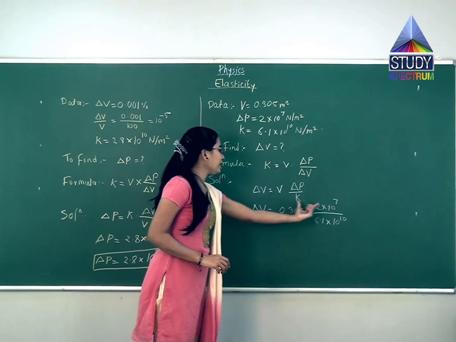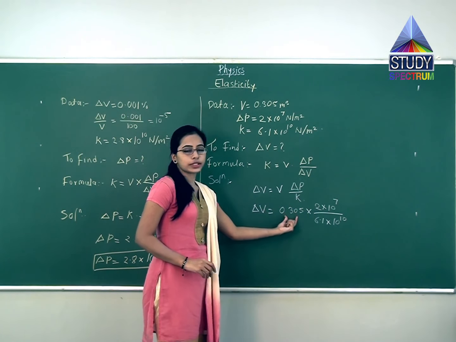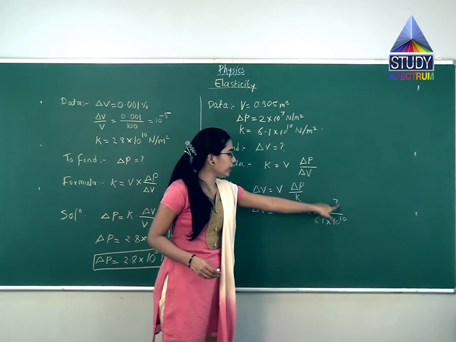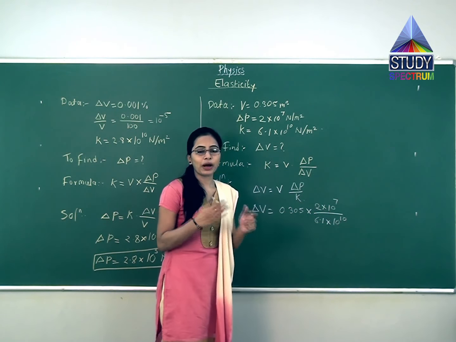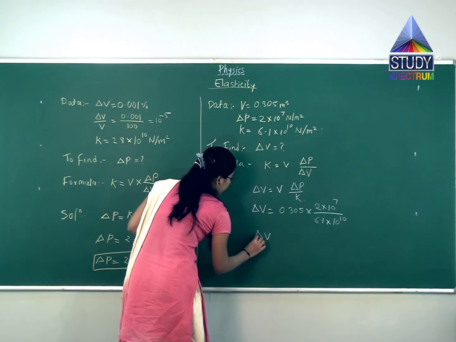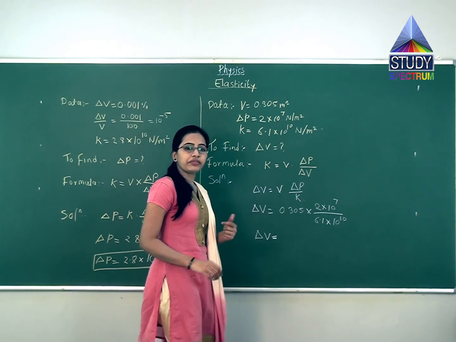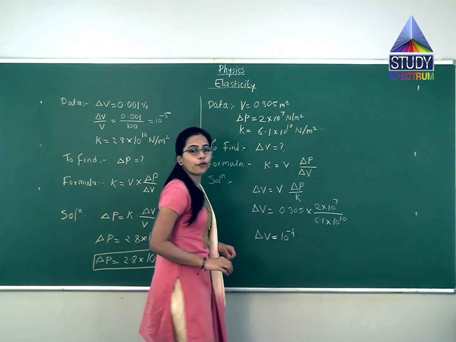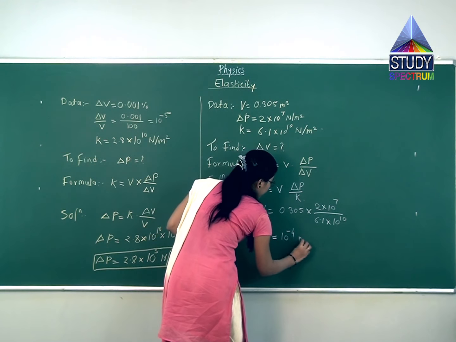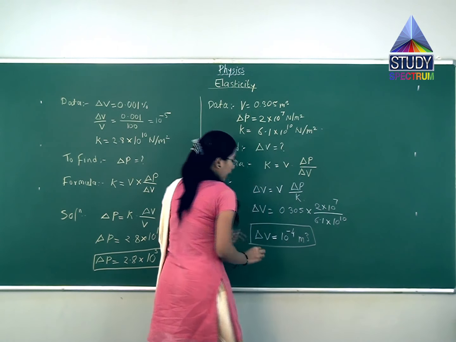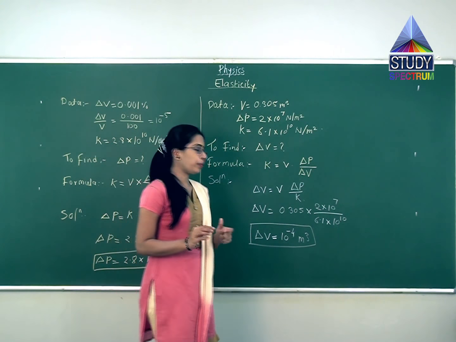Now multiply these two, 2 into 0.305 and divide it by 6.1 and accordingly calculate for powers of 10. So on calculation you will get delta V is equal to 10 raised to minus 4 meter cube. So this is your answer, and in the answer you will mention it properly.